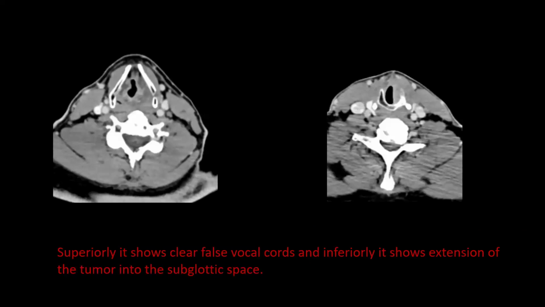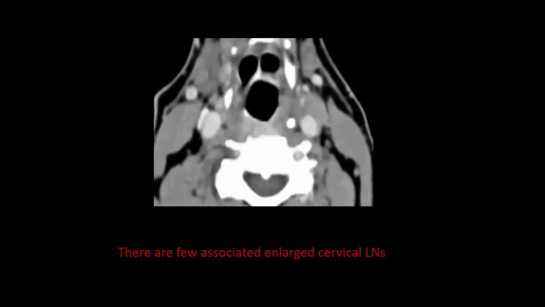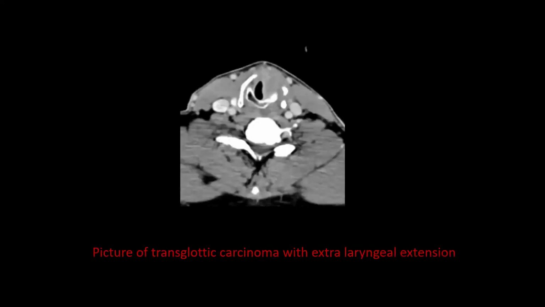We checked superiorly, there were clear vocal cords, false vocal cord, and inferiorly, it showed extension of the tumor into the subglottic space. There were a few associated enlarged cervical lymph nodes, as you can see on the left side. We concluded that this is a picture of transglottic carcinoma with associated extralaryngeal extension.